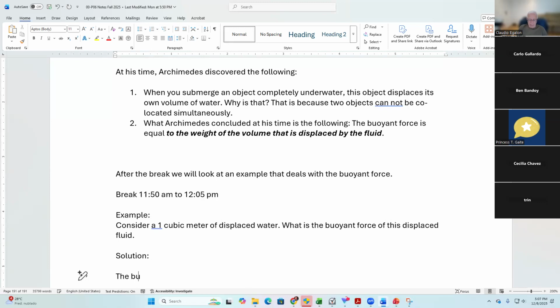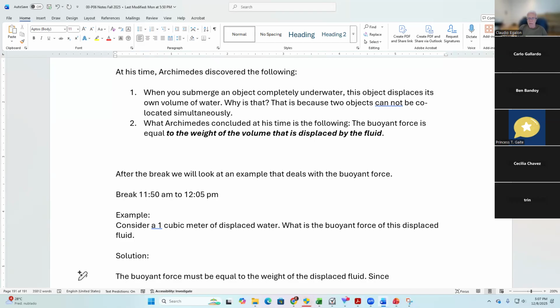The buoyant force must be equal to the weight of the displaced fluid.